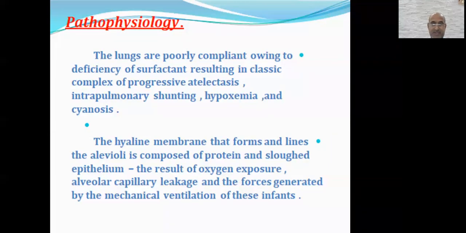This is a result of oxygen exposure, alveolar capillary leakage, and forces generated by mechanical ventilation. So all of these may help in the formation of the hyaline membrane that, of course, results in different problems for the preterm infant.